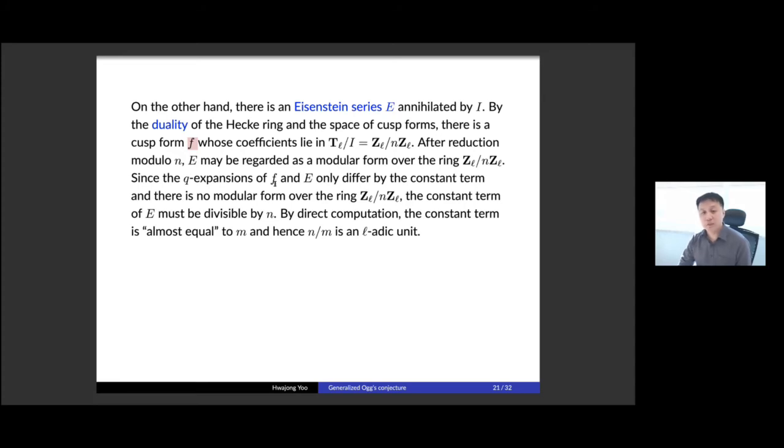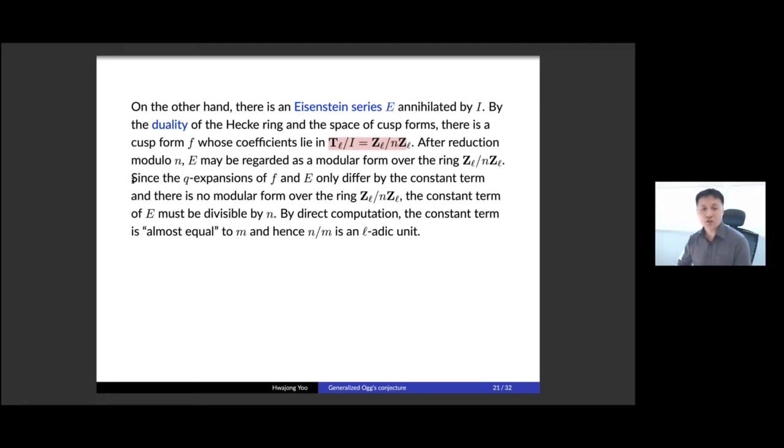And after reduction modulo n, the Eisenstein series may be regarded as a modular form over this ring. So we get two different modular forms with coefficients in this finite ring. If you compare the eigenvalues, they are all equal, so they only differ by constants.